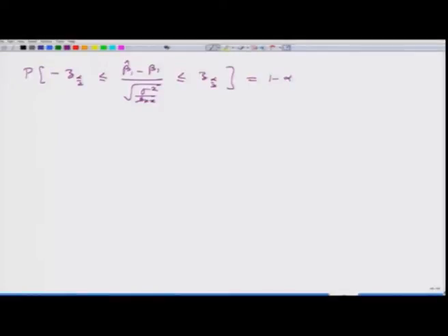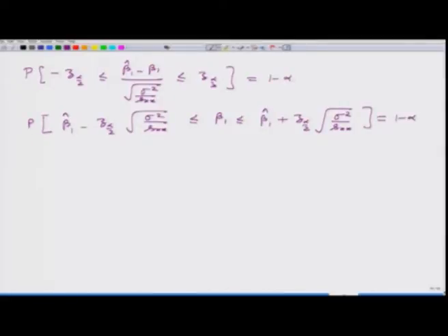We solve it further, and we obtain that beta 1 hat minus z alpha by 2 times square root of sigma square over Sxx is less than or equal to beta 1, which is less than or equal to beta 1 hat plus z alpha by 2 times square root of sigma square over Sxx, with probability 1 minus alpha.